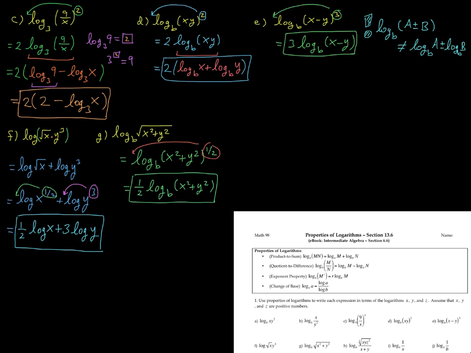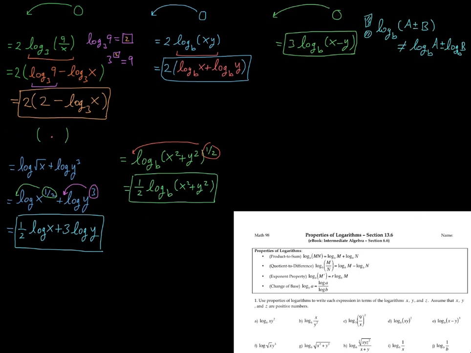Okay, great. So just a few more here. Go ahead and look at H next. This one is kind of messy, right? I'll go ahead and put these parentheses in. And so to start, notice I do have a quotient. I have this messy numerator, and then that's divided by this denominator of x plus y.